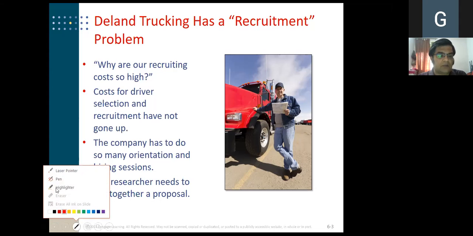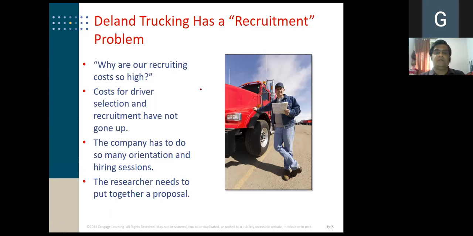So let me take my pen. Okay, fine. So now what I will do is start with a small caselet, just a situation. I will give you a situation. This topic is how to determine the research objective. If you have observed, in the previous session I discussed that research cannot be done haphazardly.